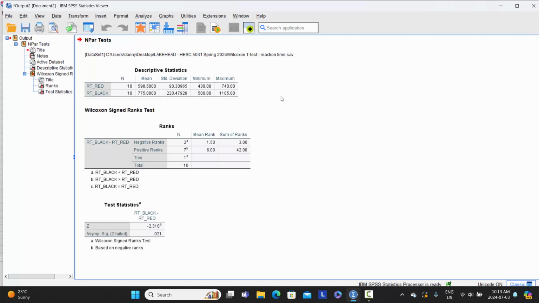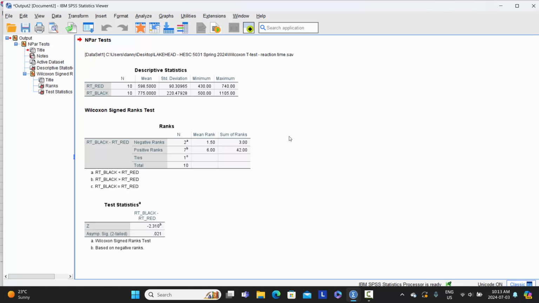And what we see here in the next table is the signed ranks table, where despite the fact that our original data are in ratio units, what the Wilcoxon approach does is it assigns ranks inside of those two individual conditions.